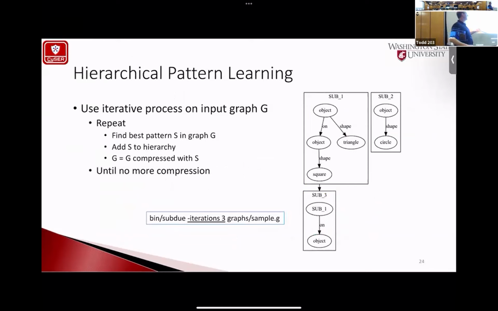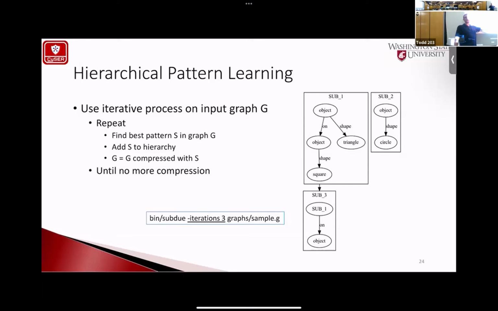Another thing that you can do with Subdue, that we kind of mentioned already, is that you can keep running it. So once you run it once, then you can tell it to compress the graph with the pattern it found and then run again. You do that by supplying this iterations option, and you can tell it how many iterations you want.